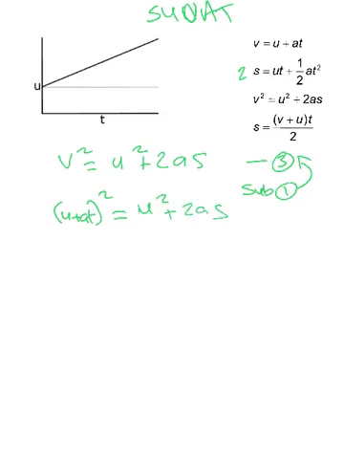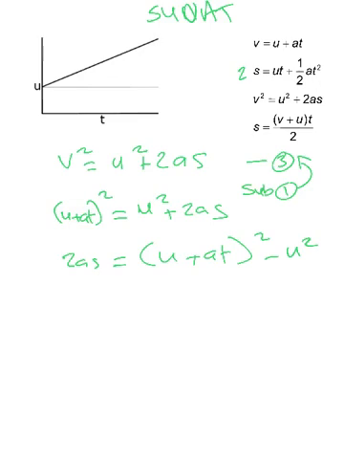The next thing we do is multiply through and do a bit of rearranging, and I've ended up with 2as equals (u plus at) squared minus u squared. Now I'm going to square the brackets first with FOIL.